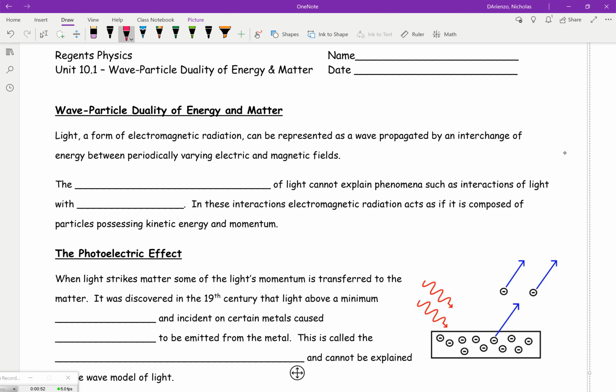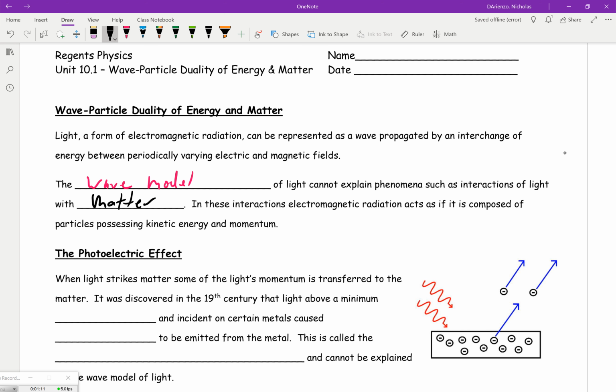But the wave model of light can explain phenomena such as interactions of light with matter.